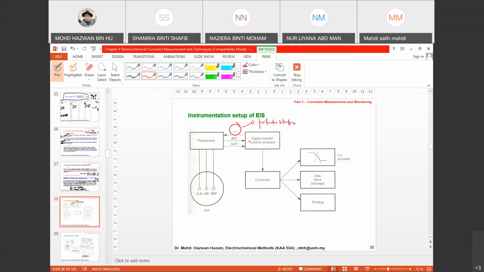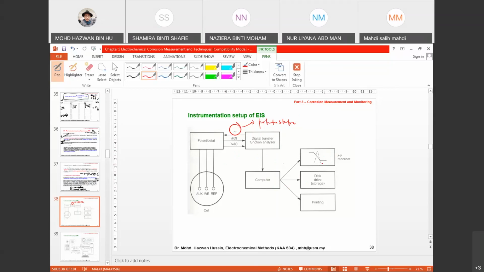Okay, you use basically a constant value of potential. Then the information that you will get is basically a change of current, okay? And slightly maybe a change of potential as well. So the data that we obtain will be analyzed and go into the computer, and the computer will basically give you a plot.